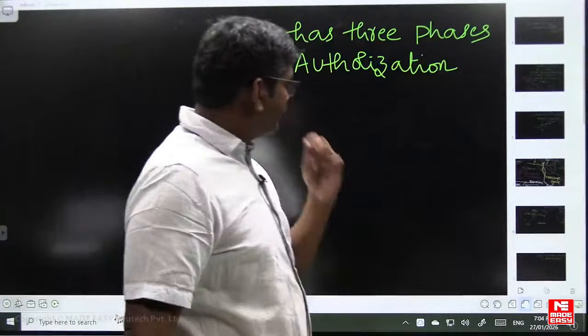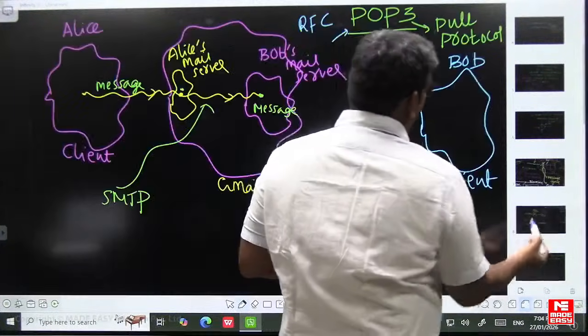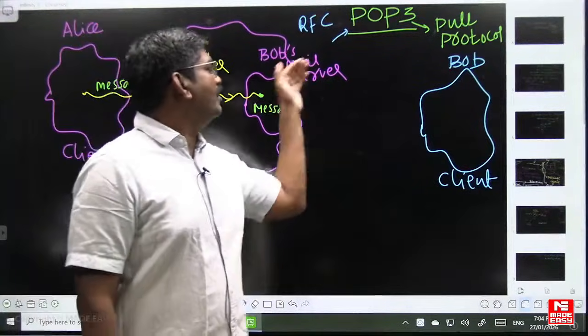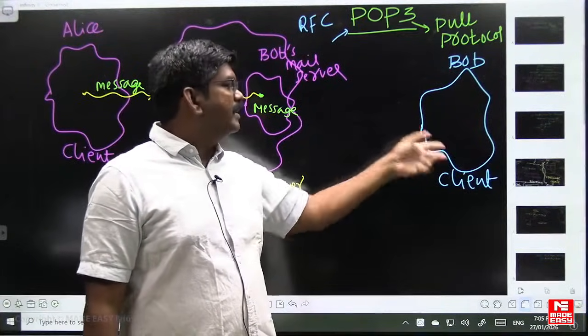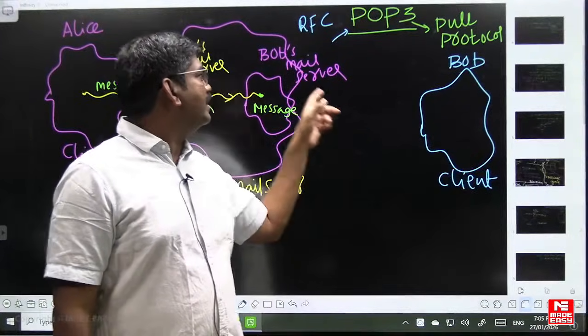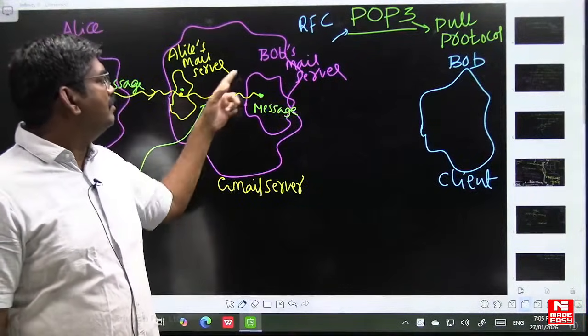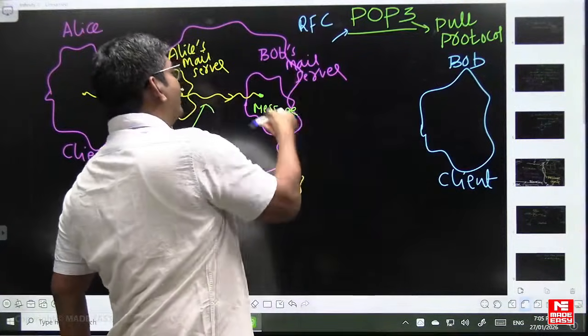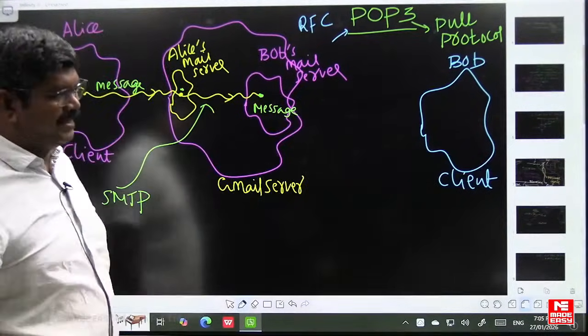See, authorization का मतलब क्या है कि here you see इस बॉब को, इस बॉब्स मेल सर्वर में इस मेल को एक्सेस करने के लिए आप देख सकते हैं कि ये तो लोकल क्लाइंट है, लेकिन ये बॉब का मेल सर्वर यहाँ मेल सर्वर पर स्टोर किया था. So this Bob has to authenticate to access this message actually.